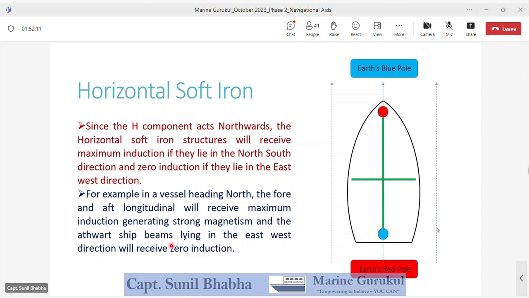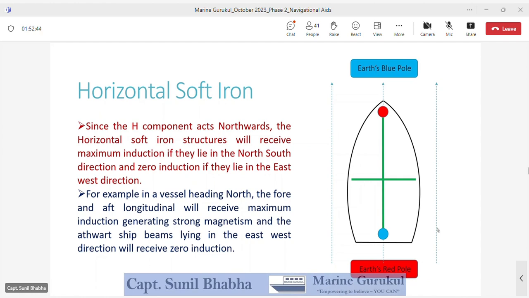So they are at right angles to each other, totally misaligned with the magnetic field of the Earth. So this tells us that there will be zero or negligible induction on the outward ship beams with the ship lying in the northerly heading. So when a ship is on the northerly heading, the fore and aft longitudinals will have maximum induction and the outward ship beams will have negligible or zero induction.